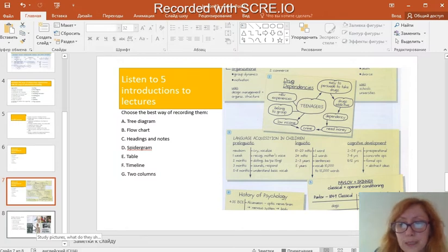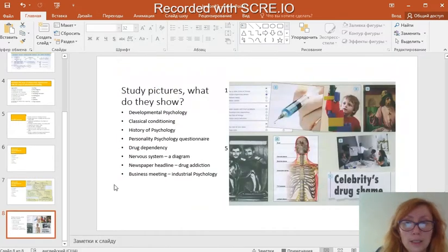And the last task, it's related again to the pictures. So there are different pictures. They are related to psychology. Here I suggested possible answers.